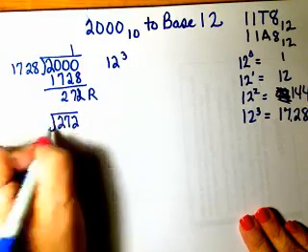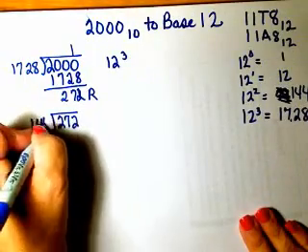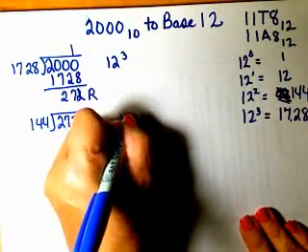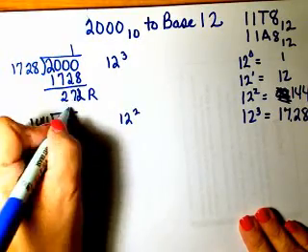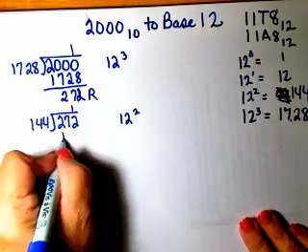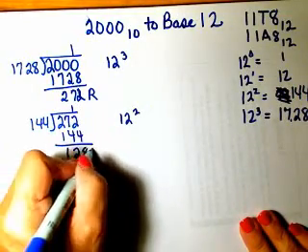Okay, then we're going to take 272 and divide that by 144. And this is 12 to the second. So 144 goes into 272 one time, and then subtract and get 128 remainder.